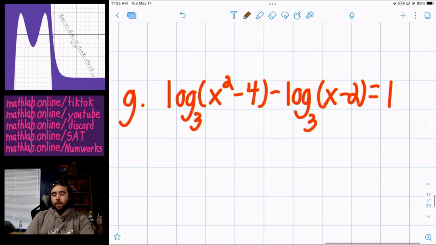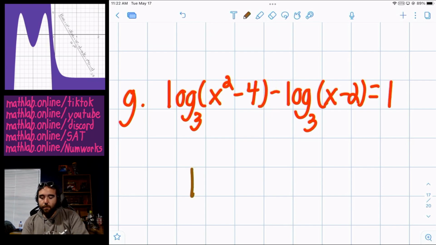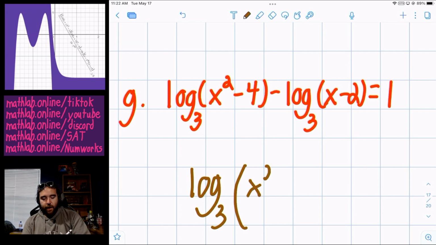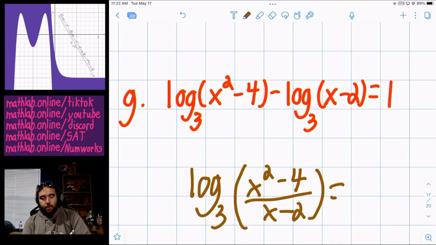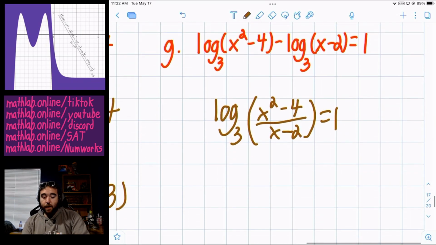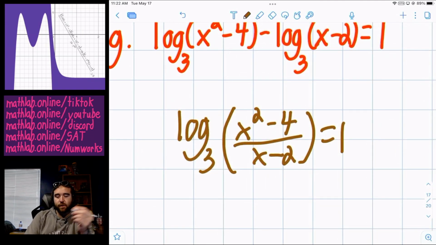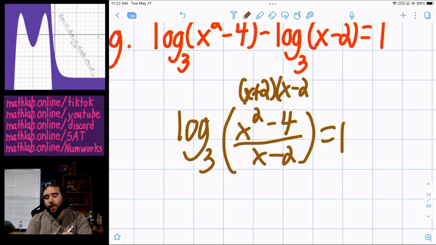Ooh, look here. Here you're subtracting. So we're still going to combine it into one log again, but this time into division. So we're going to have log base 3 of x squared minus 4 over x minus 2 equals 1. And now, hey, look, it's difference of 2 squares again. This is x plus 2 times x minus 2.